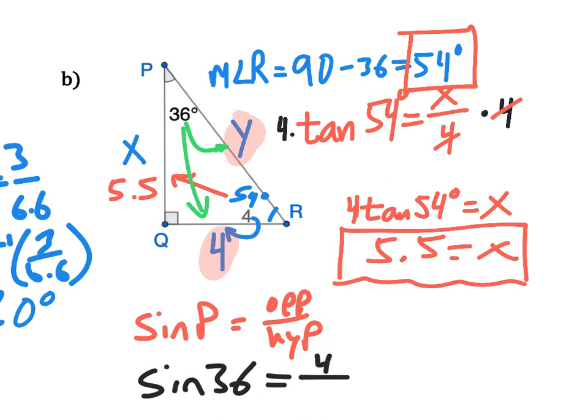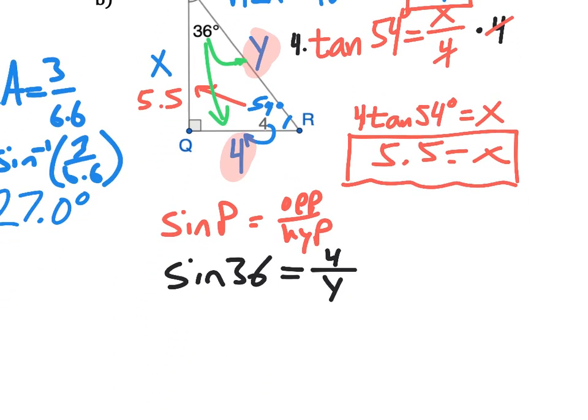The opposite of the 36 is 4, and the hypotenuse is Y. This is the one that's a little more challenging because the Y is on the bottom, so it helps to make this into a proportion. Now you can cross multiply and divide, right?